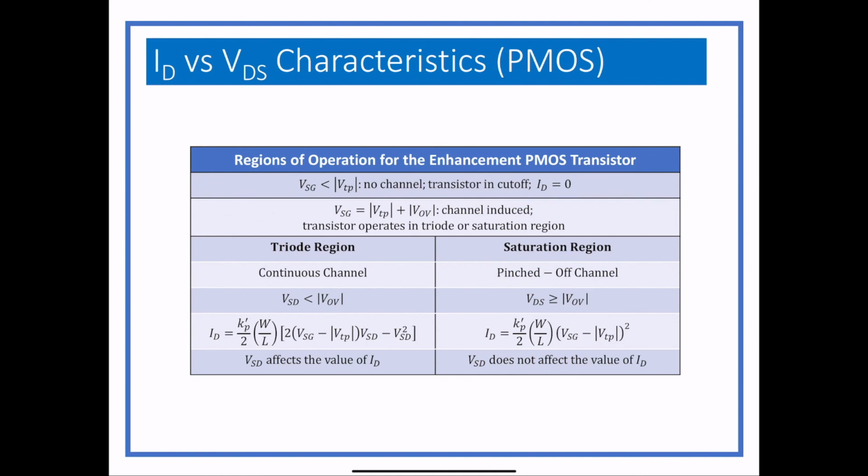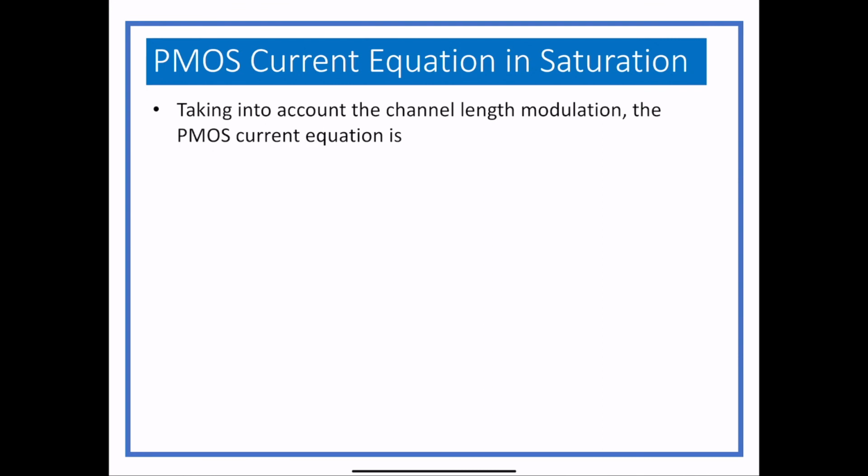That's basically the only reason why. So when we make calculations, we generally have to use a magnitude value. The same goes with the channel length modulation equation for PMOS. We can add that in, and we use the magnitude of it rather than the actual value, because it would be a negative, negative, negative, and we really just want the positive value.